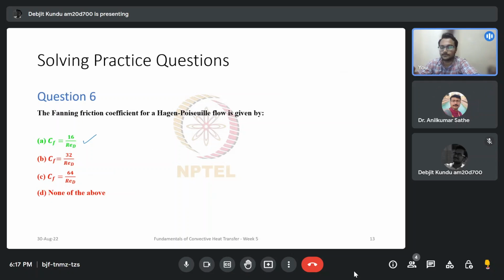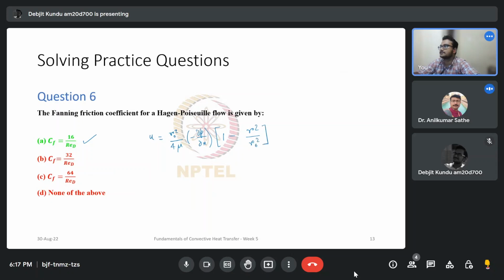So I think we previously wrote down the velocity profile for laminar flow through a circular tube, also known as Hagen-Poiseuille flow. This is given by u equal to R naught squared by 4 mu into minus dp/dx into 1 minus r squared by R naught squared.